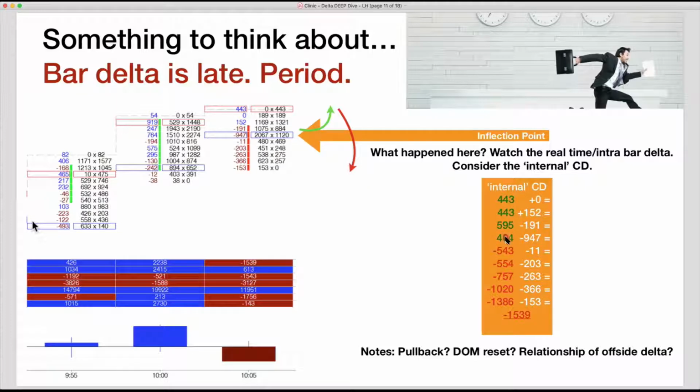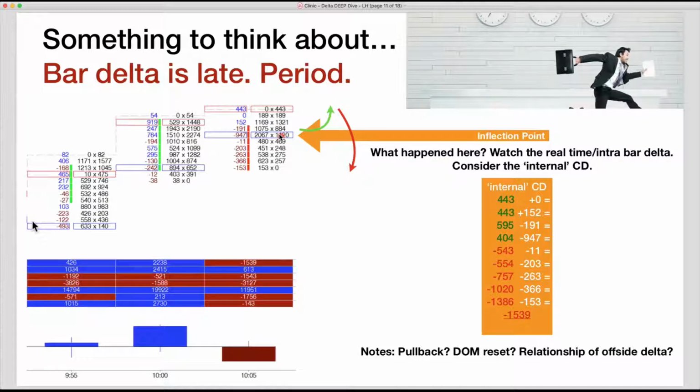That's the point where our delta in the candle flipped from positive to negative 543. So we can think of this as the inflection point within the candle where we changed from net aggressive buying to net aggressive selling. If you were watching in real time, this would have been more dynamic, but you can see how here was the point where the dynamic changed.